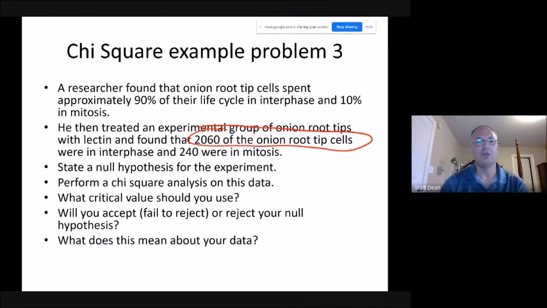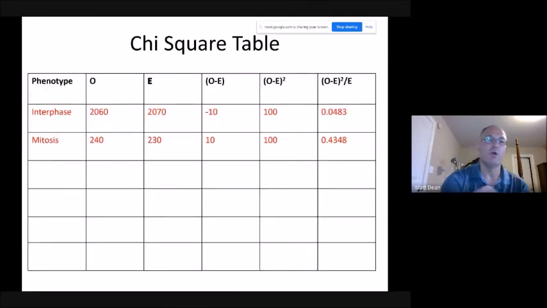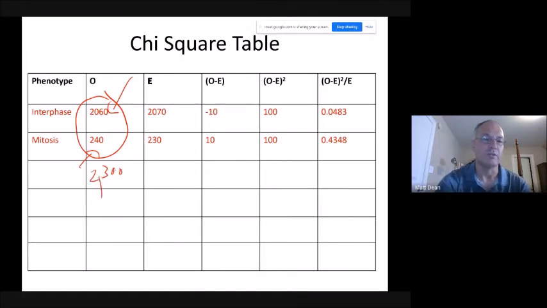Next, we're asked to perform a chi-square analysis on the data. So we wrote in our observed values. 2,060 were seen in interphase. 240 were in mitosis. To get these expected values, we're going to add these guys up. So 240 plus 2060, 2300 total cells is what we observed.